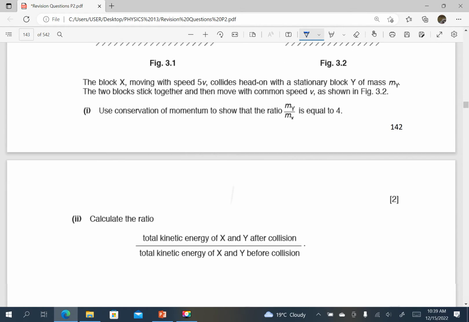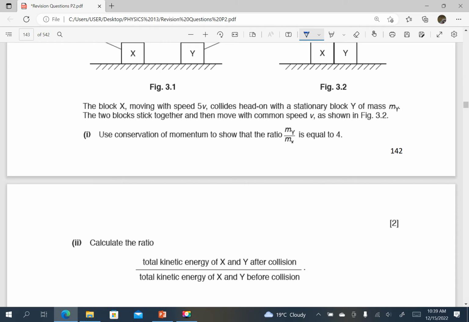I think this is an easy question. Total momentum before collision should be equal to total momentum after collision. So we know that momentum is equal to mass times velocity. So I'll use conservation of momentum. The total momentum before should be equal to the total momentum after.